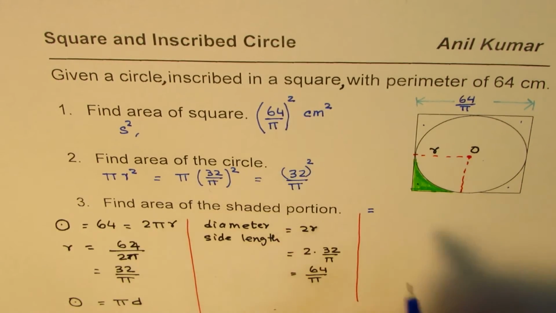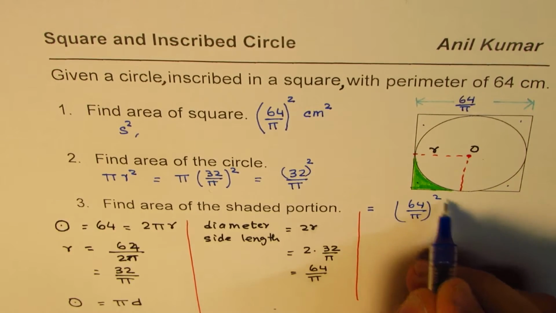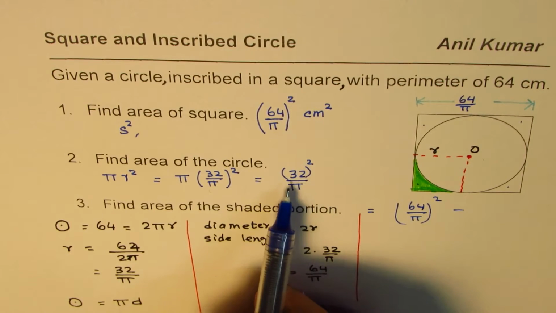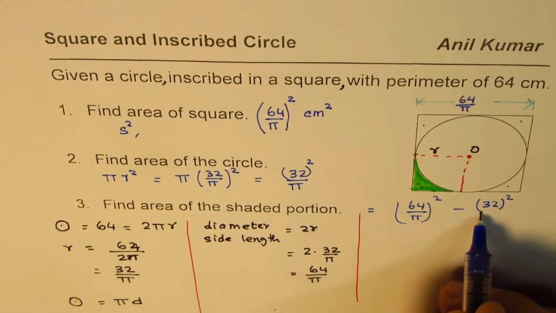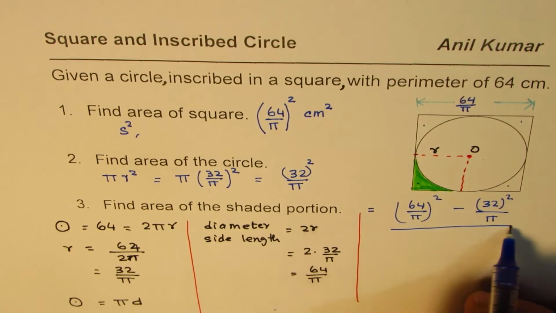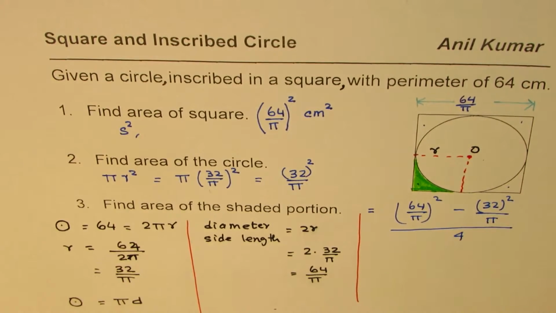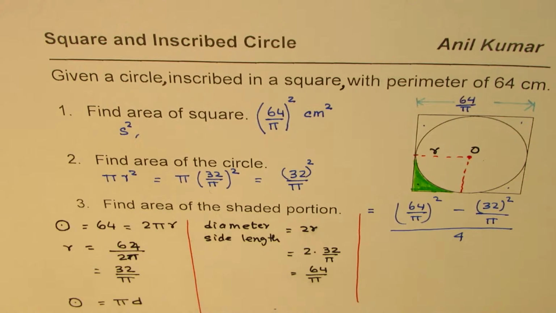That means the first area is 64 over pi whole squared, take away the other area, which is 32 squared over pi, and you take 1/4 of this, divide everything by 4. That is how you get the area of this shaded portion.